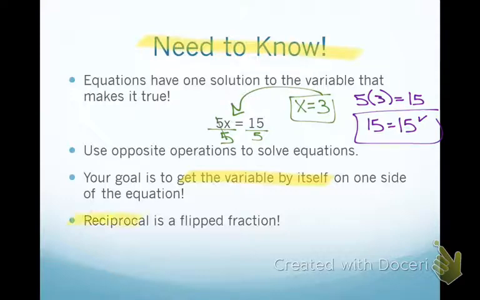And then we need to talk about reciprocals. What is a reciprocal? Does anybody remember? Flip the fraction, I wrote that down. Yes. So what would be the reciprocal of 3/5? 5/3. But here's what you need to understand. This does not cancel down to 0. It cancels down to 1.